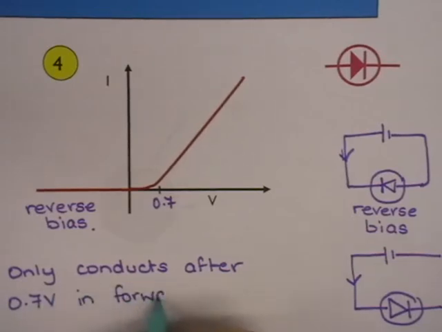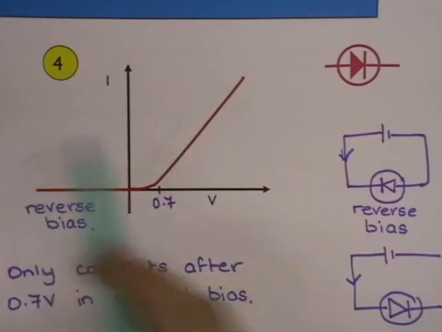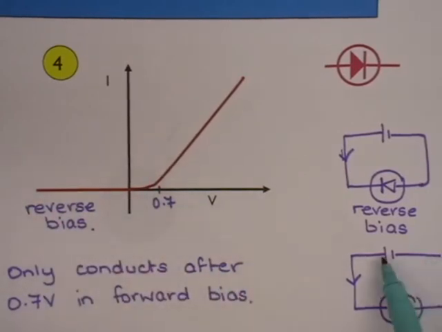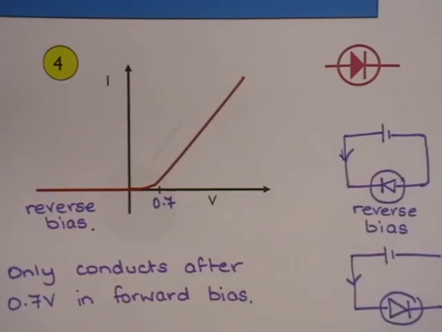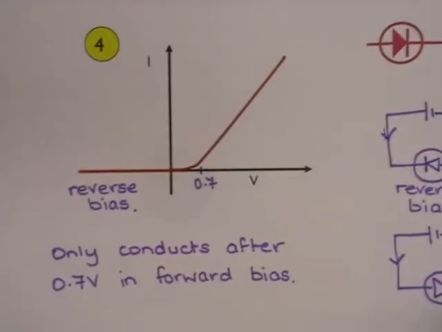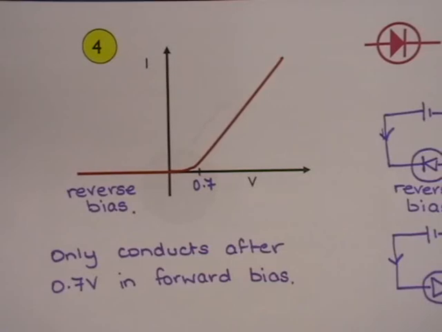You don't really need to know those words, but that's the way it's described. And that just means that you're connecting it in one way or another. So in other words, a diode only allows current to flow in one direction. Whenever you put it in the other way, it won't allow current to flow in that direction. So it only conducts after 0.7 volts in a forward bias.